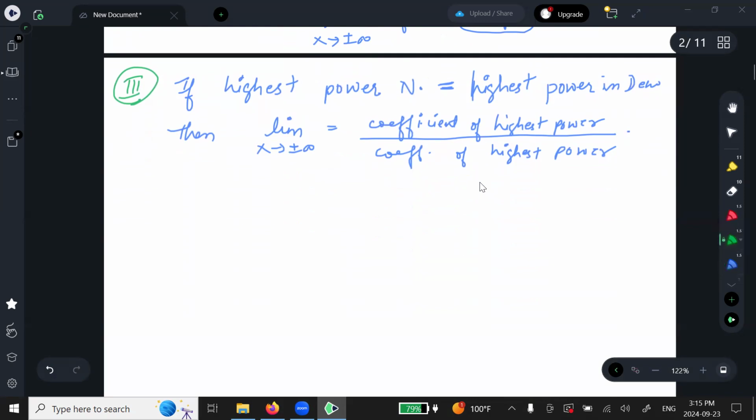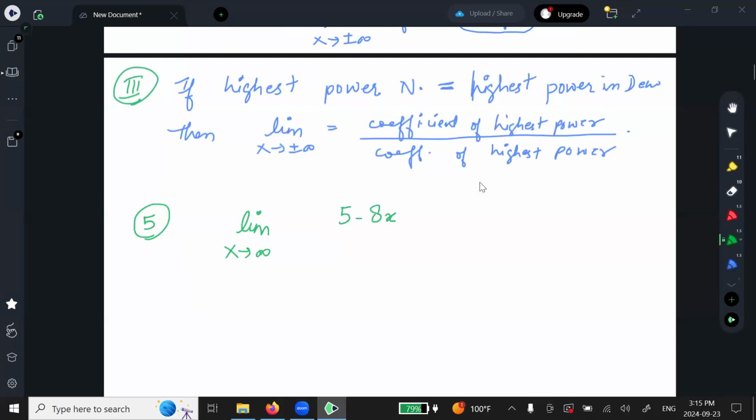Okay, number 5th. This is number 5th from your exam review. So again, I have to calculate the limit as x approaches infinity of 5 minus 8x squared divided by 7 minus 9x minus 4x squared.